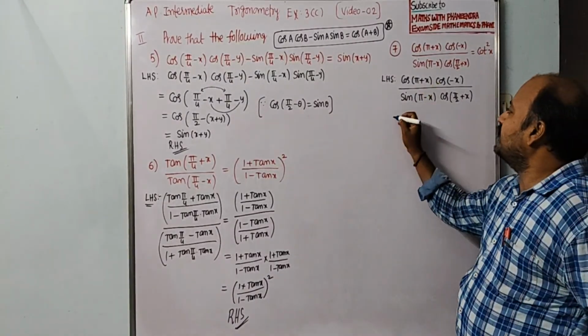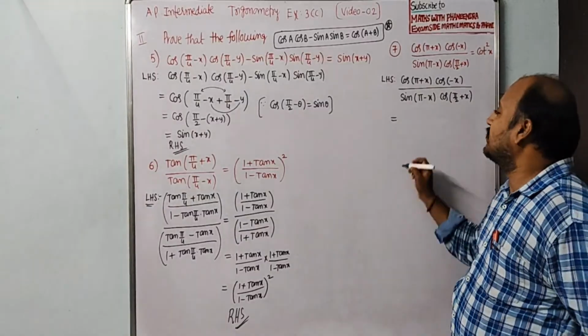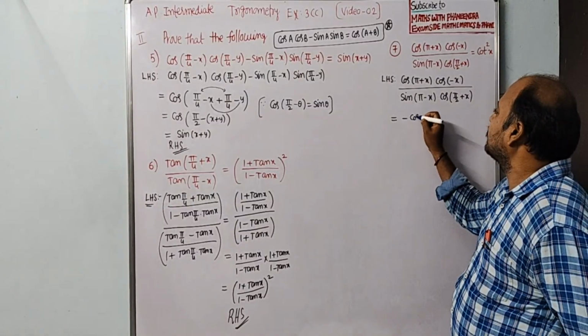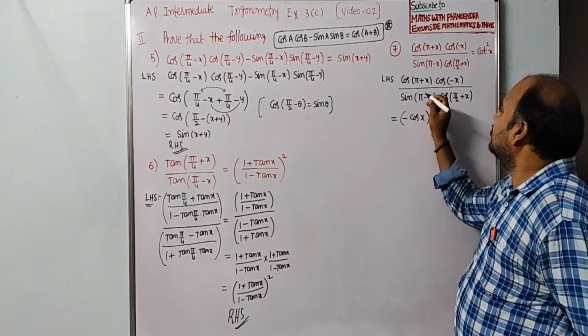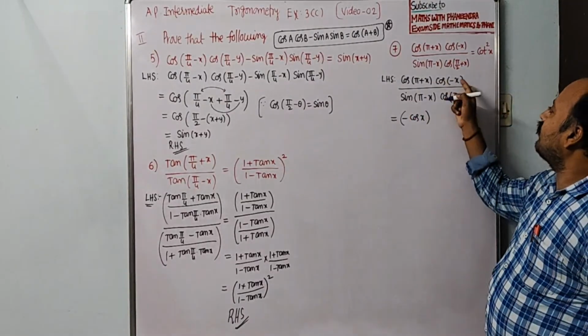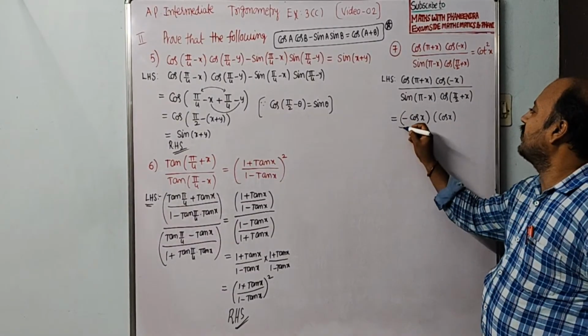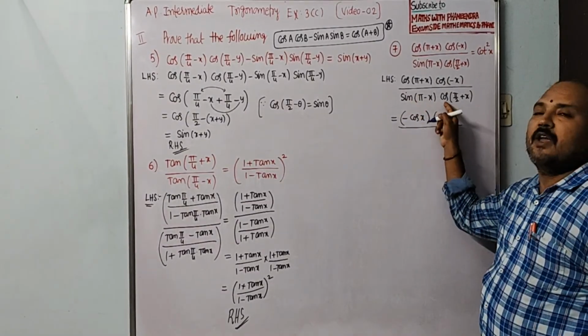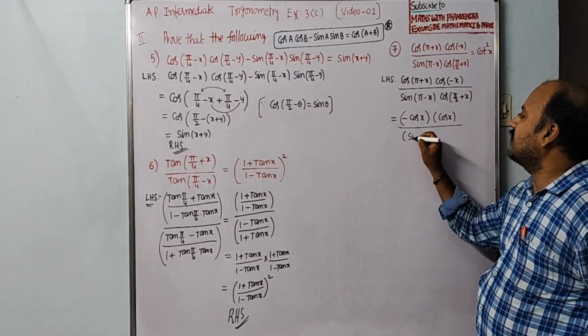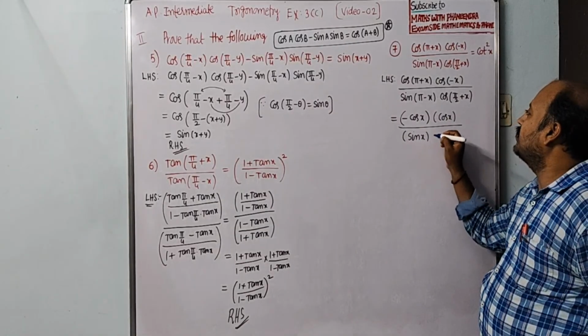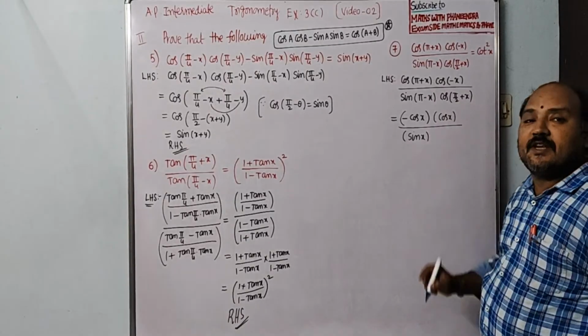Cos of 180 plus theta is minus cos theta, therefore minus cos x. So the first term is completed. Cos of minus theta is cos theta, that means cos x, divided by sine of pi minus theta is sine theta, that means sine x, into cos of pi by 2 plus x.